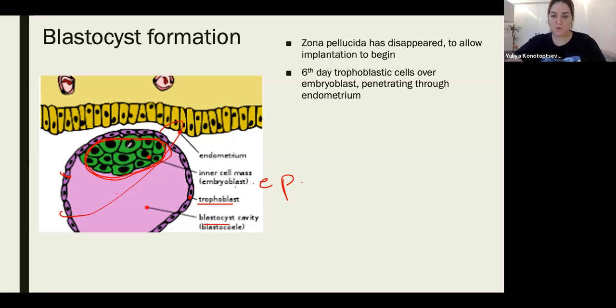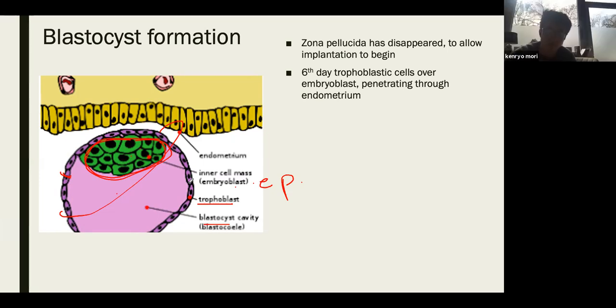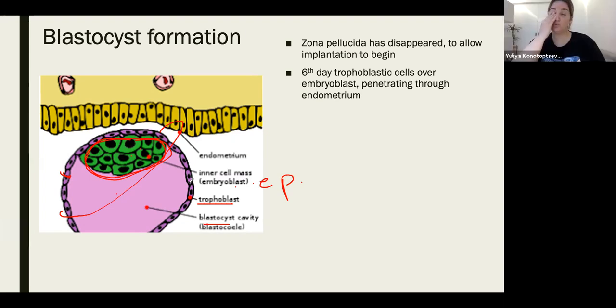So a very important question. Which stem cells are trophoblast? Multipotent. They aren't pluri, they aren't toti.